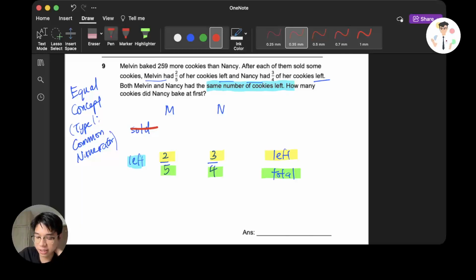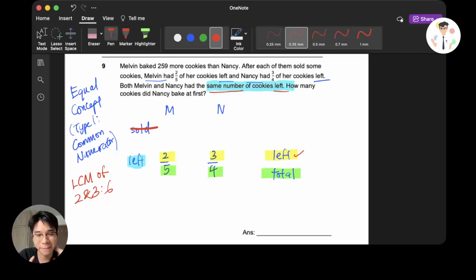What they are saying is that the same is the left. So which two numbers are supposed to be the same? It's supposed to be 2 and 3 because the question says left is the one that is the same. So you're supposed to make the numerator the same, which is this 2 and this 3. And you will need to find the LCM of 2 and 3, which is 6.